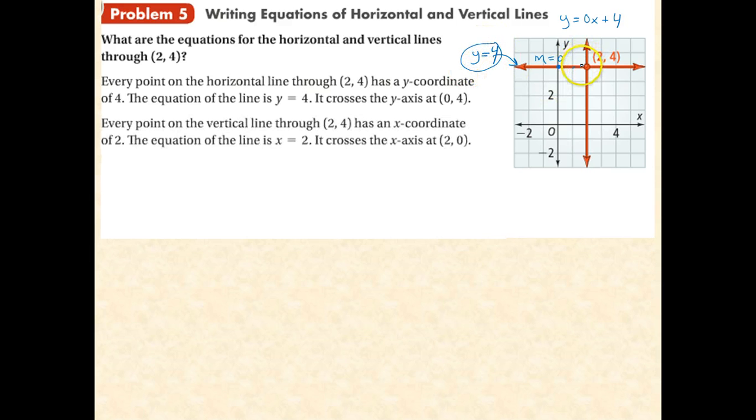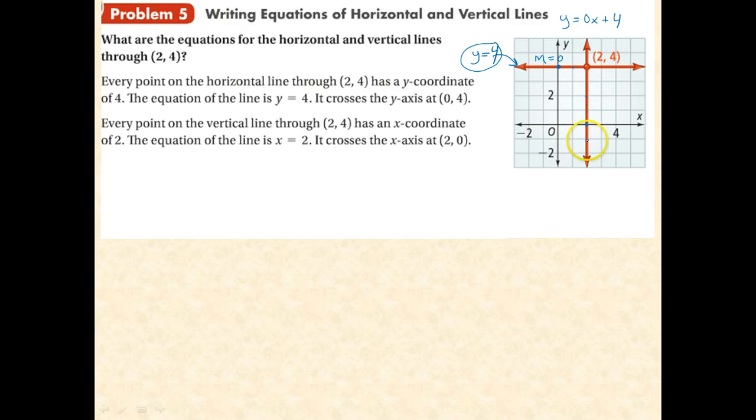What about this vertical line? What do you know about every point on this vertical line? Over 2, up 0. Over 2, up 1. Over 2, up 2. Over 2, up 3. Over 2, up 4.